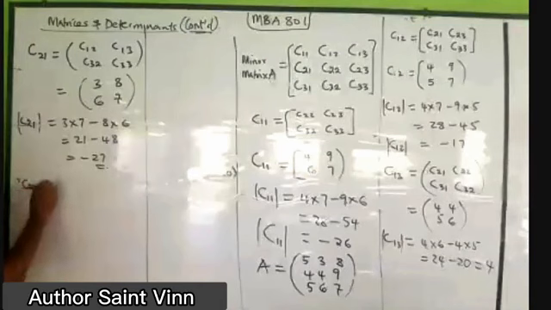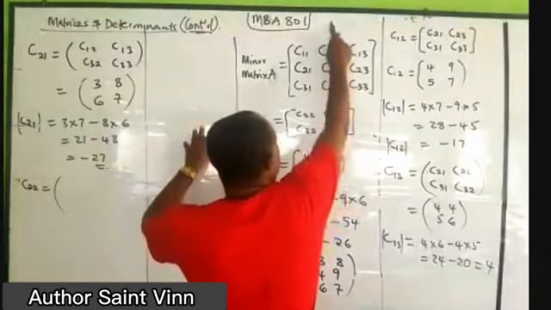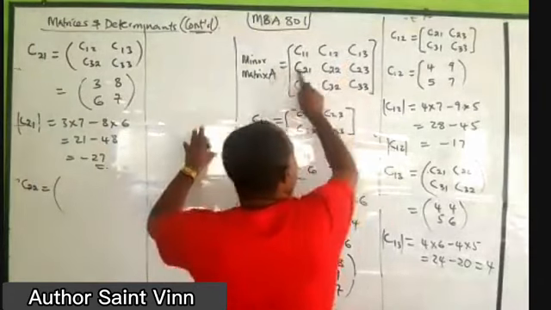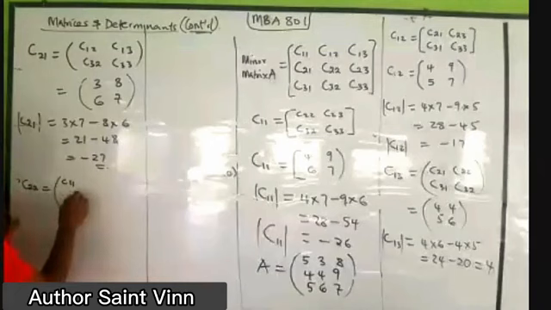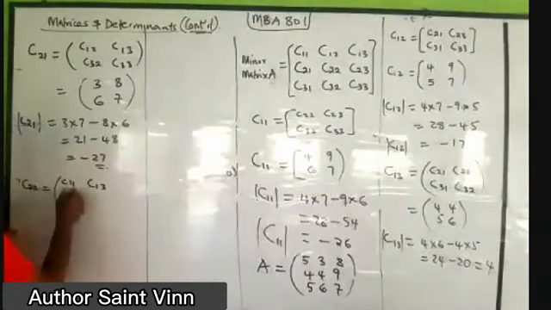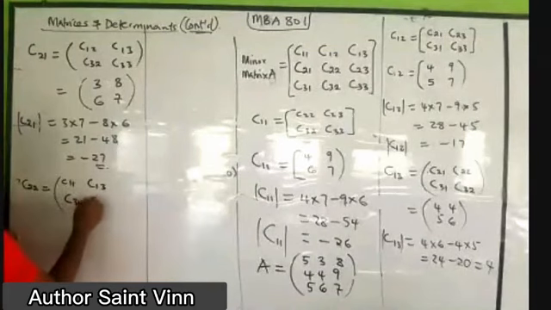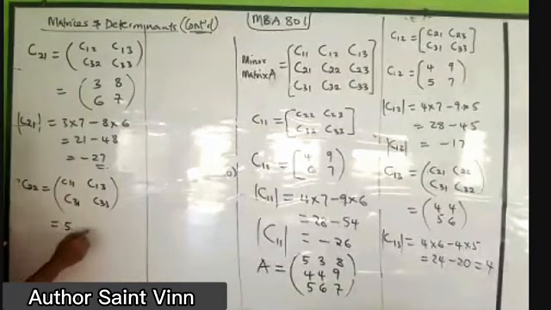C22, the same thing. This row is going, this column is going. We have C11, C13, C31, C33. From all indication, 5 8, 5 7.